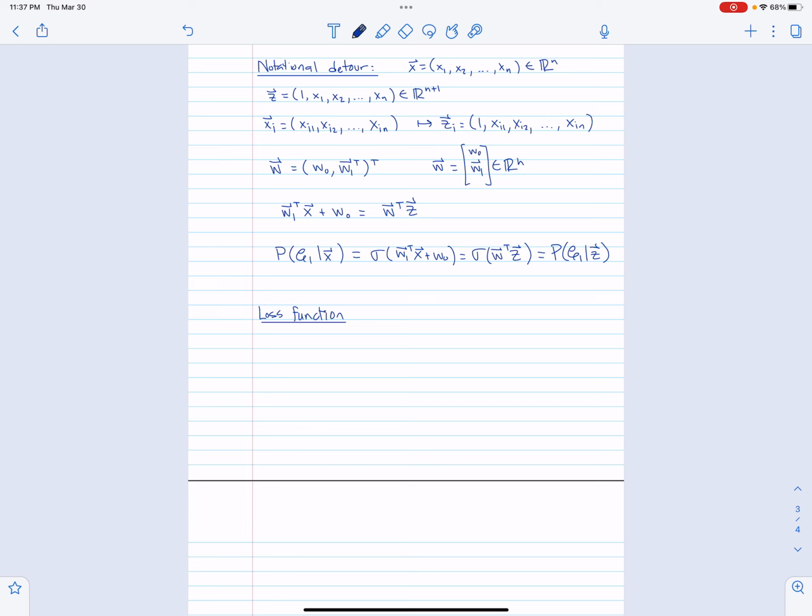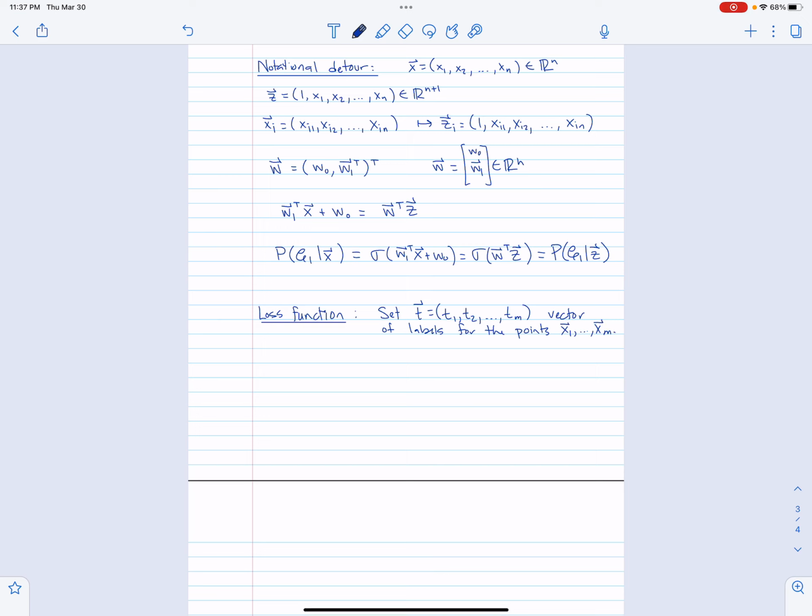and so let's set the vector t. This is the vector that's just going to have all the labels in it. So t1, t2, all the way up to t sub m, where we have m points. This is the vector of labels for the points x1 up to xm.